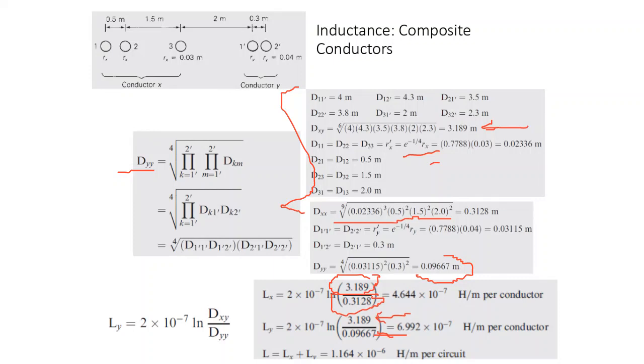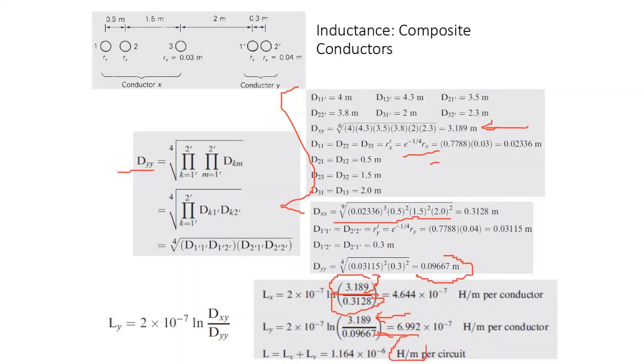But DXX is different than DYY. Okay, so to save time, this is the way you will calculate it. DXY will be DYX. For DXX, you need to find the geometric mean radius of conductor X. And again, it is very important to know the units: Henry per meter, per circuit.